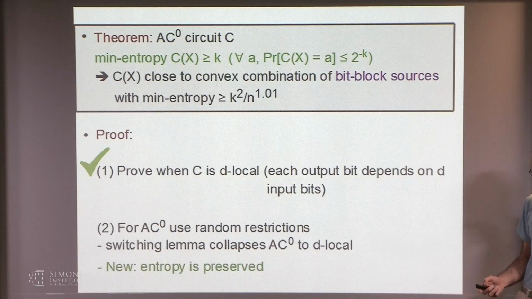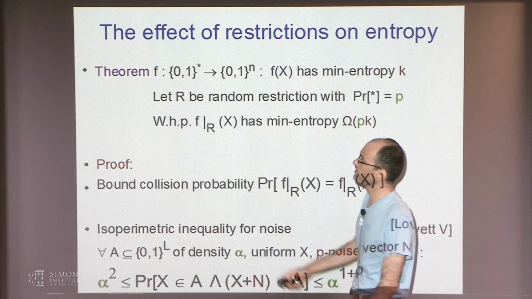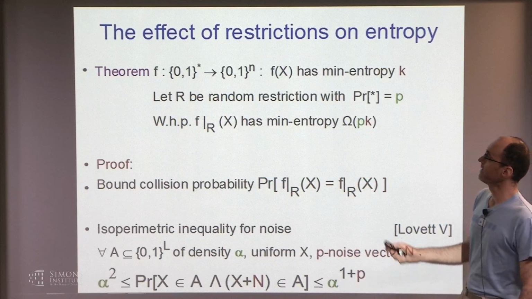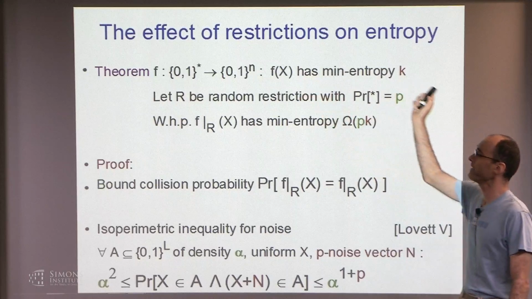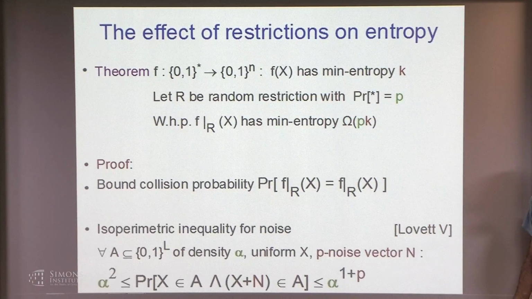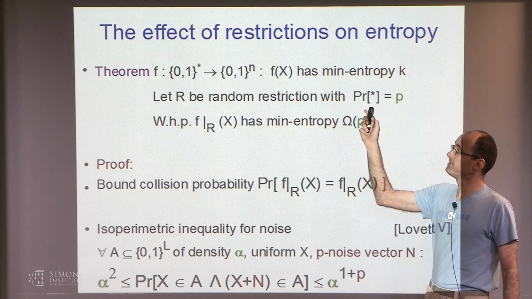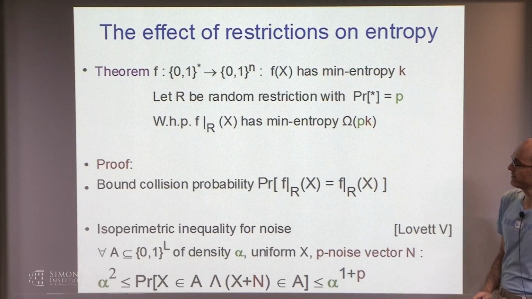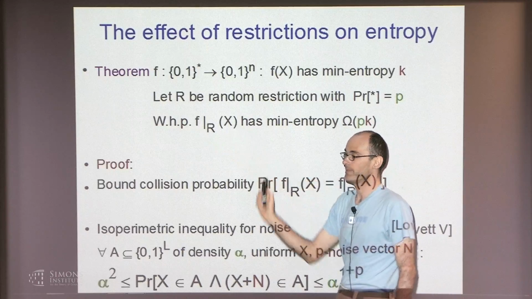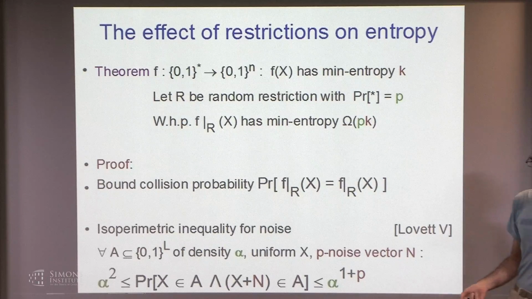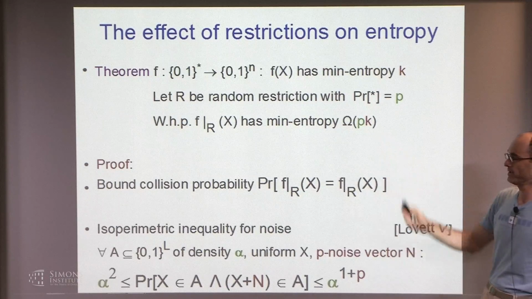Okay, so the main lemma here is a lemma that says that for any function, so if you have any function whatsoever on some inputs that outputs n bits, whose output distribution has min-entropy k. Okay. Then if you hit it with random restriction that leaves each bit alive with probability p, then the restricted version of the function has min-entropy pk. Okay? And that's the best possible because the function could just copy the input in the output and will give entropy pk.